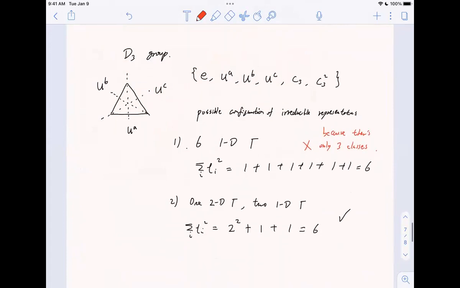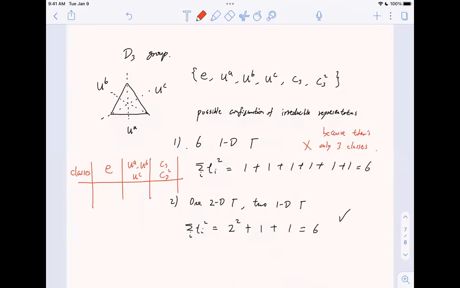So you can separate this into 3 classes. So one is E, the other is UA, UB, UC, and then the other is this. So there are only 3 classes.